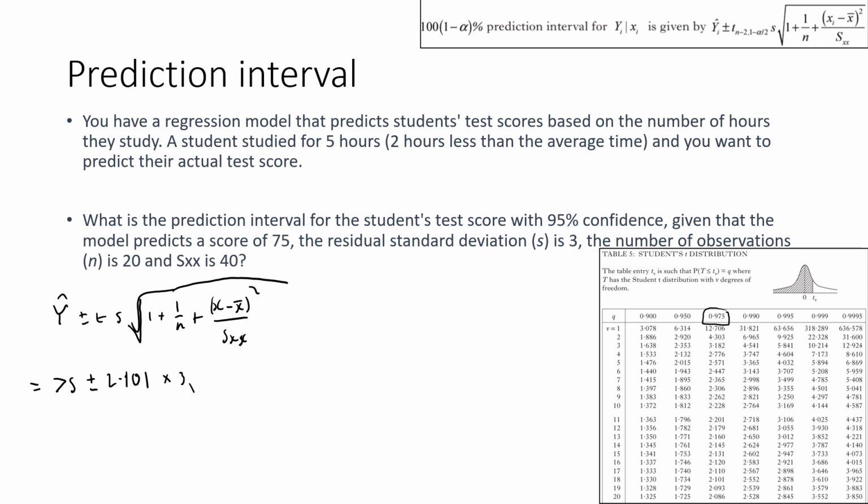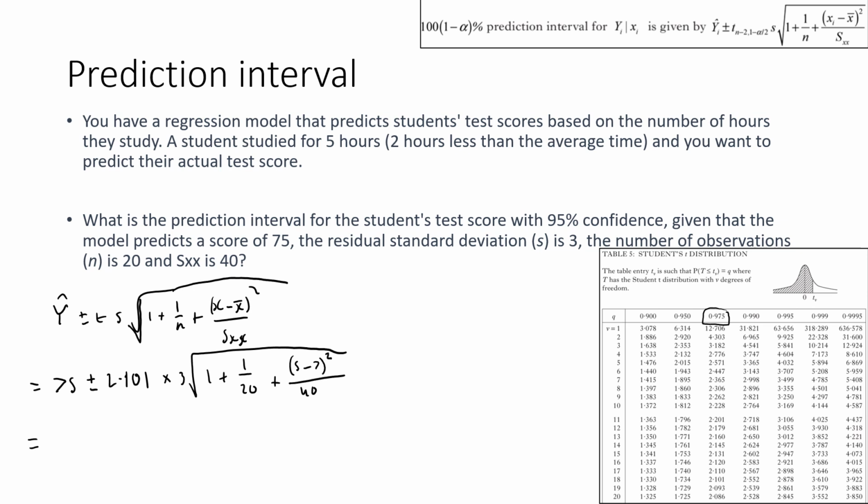Next, we times it by the sample standard deviation, which is 3. Then we times it by the square root of 1 plus 1 over n, which is 20, plus x minus x bar, so 5 minus 7. 7 is the average hours studied, and 5 is what our student got, over SXX, which is 40.